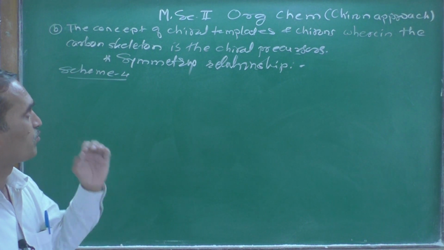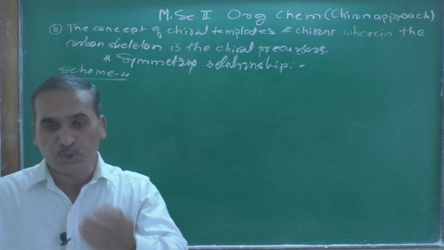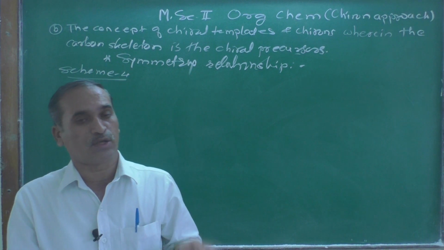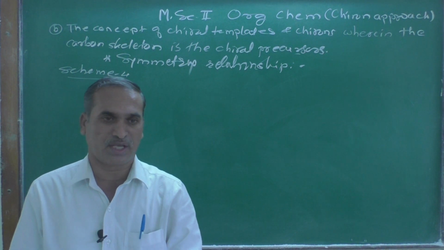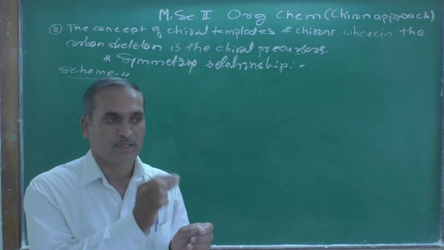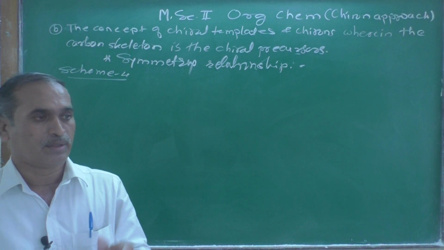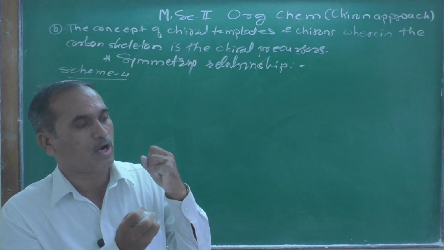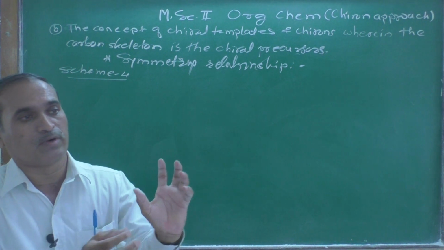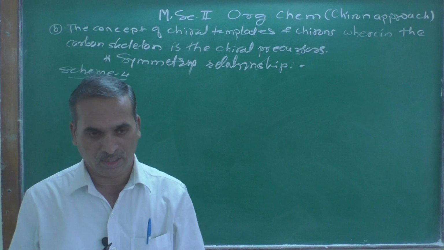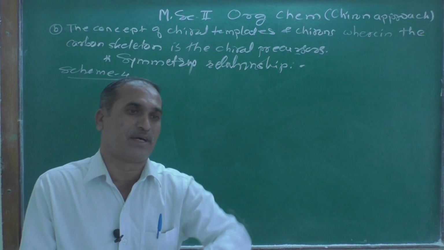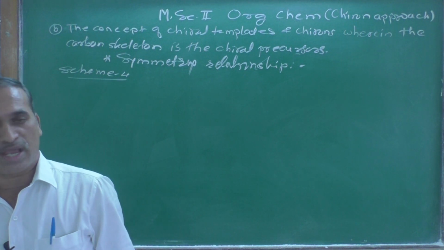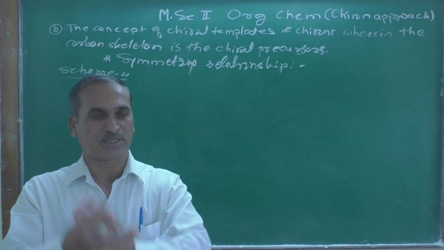So their scheme number 4, how we are going to utilize it while synthesizing, because the main objective of all the basic concepts we are learning, the basic terms normally involved here, is how to think and how to develop your approach by keeping that Chiron as the main point while synthesizing a natural product which is medicinally useful.